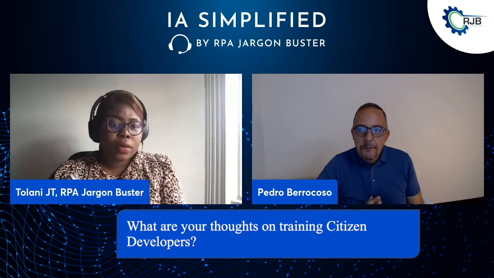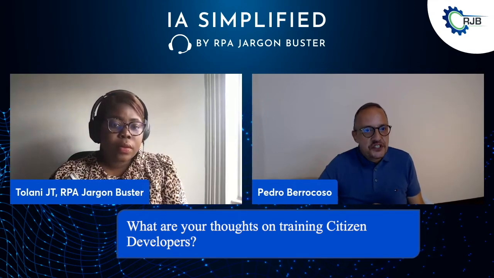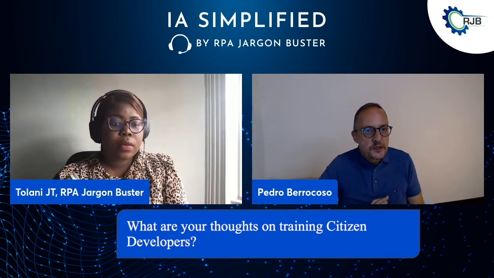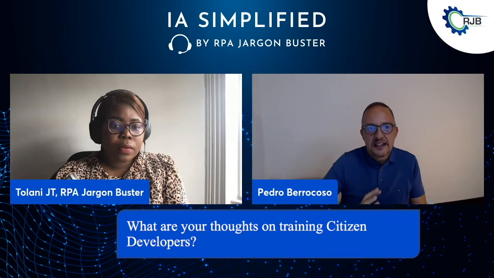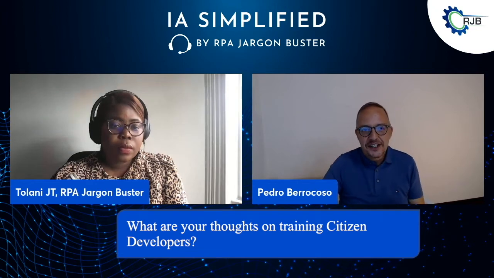Now, maybe just one point to add here is that we shouldn't just look at technical skills, right? If we're talking about learning paths and citizen developers, we tend to look just at the technical skill aspects. But if we want to have a rounded persona, we should also consider the factors relating to continuous improvement.